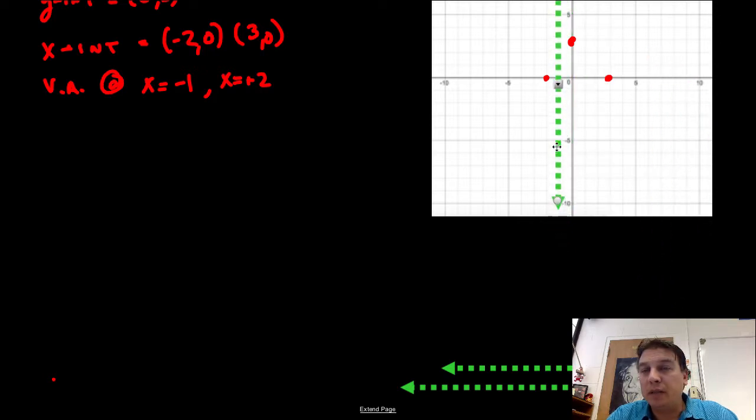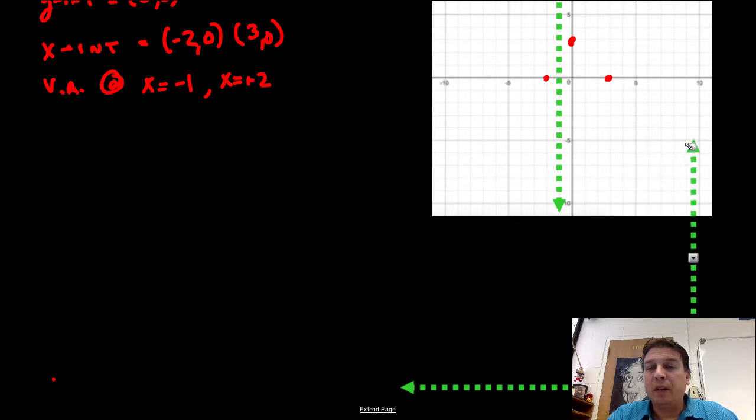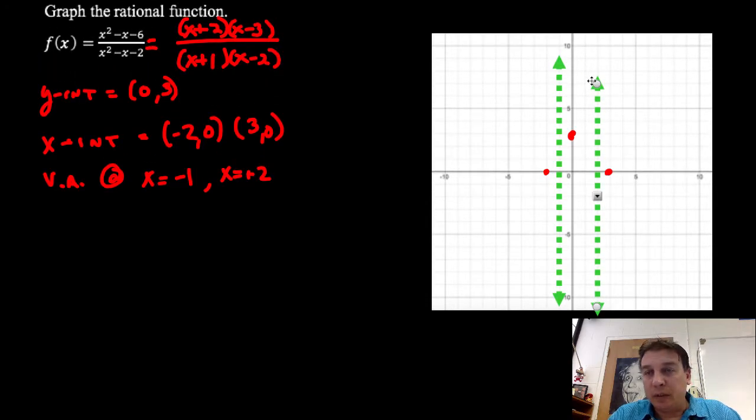So x being -1 is about there. And then I need another one to go ahead and give me at +2. So that one will be there. And then, well, we should probably extend these to go all the way through.